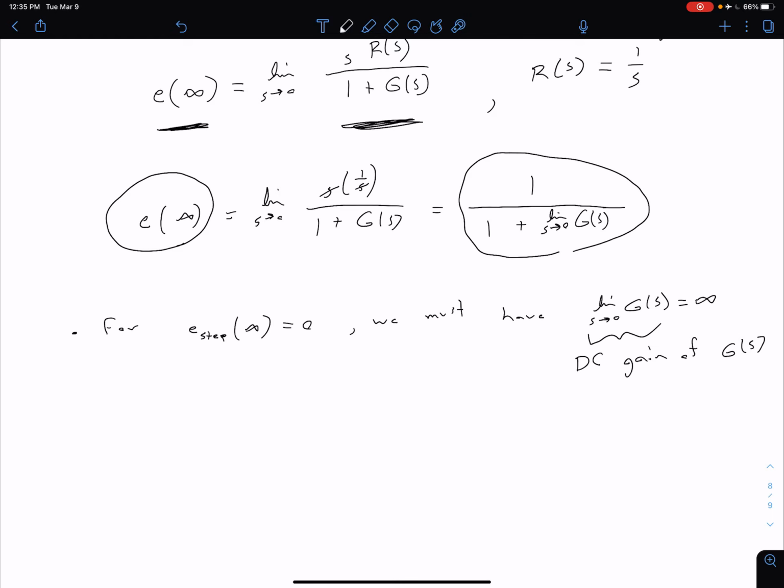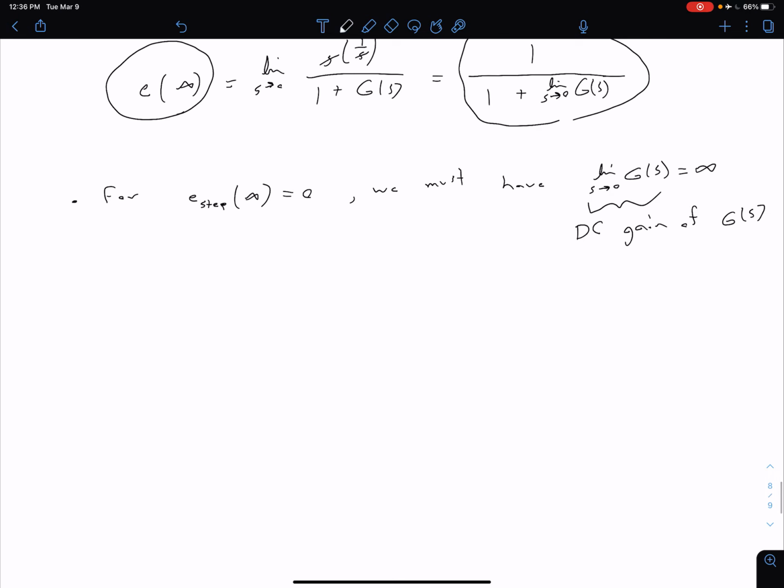To get a better idea of our requirements for G(s), let's generalize our G(s) equation. Remember, G(s) is ultimately a transfer function, and we can represent it a couple of different ways.